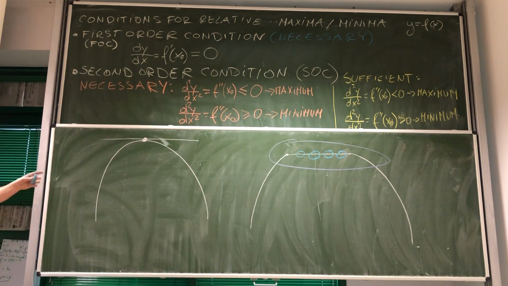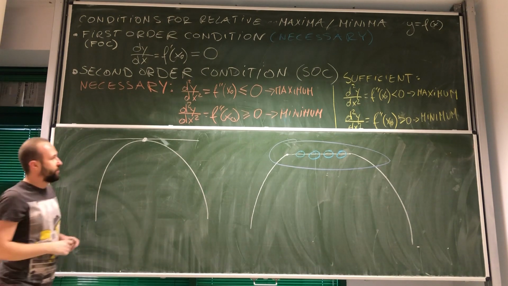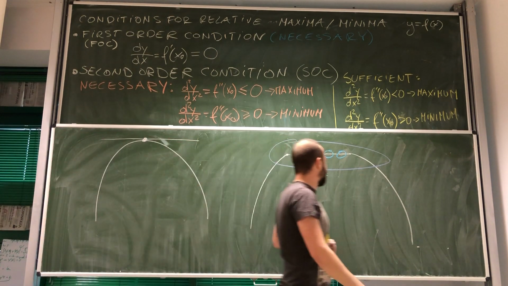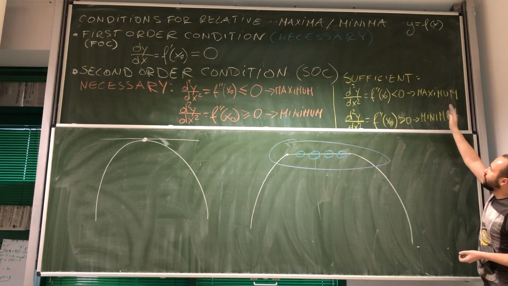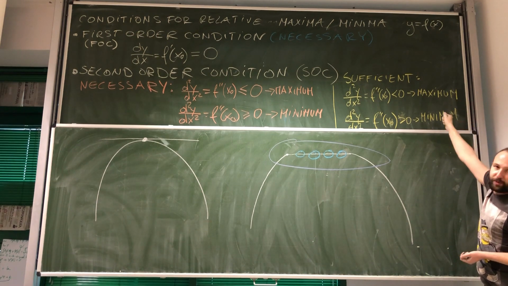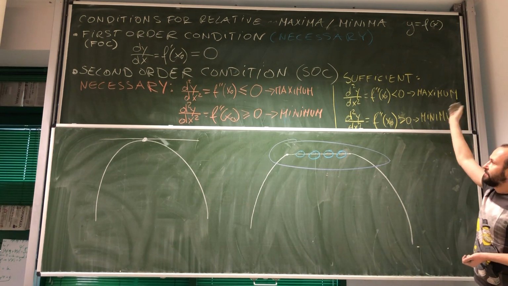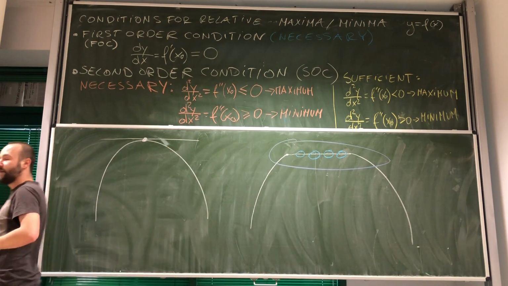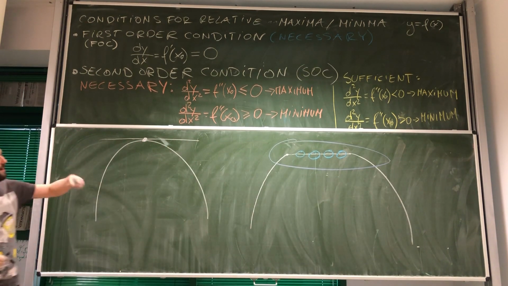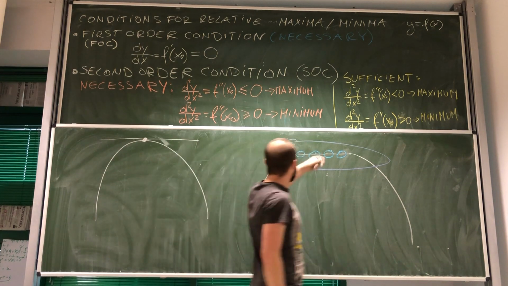So, if each of these points is a relative maximum, then this sufficient condition would be too strong to recognize that all these points are actually maximum points.